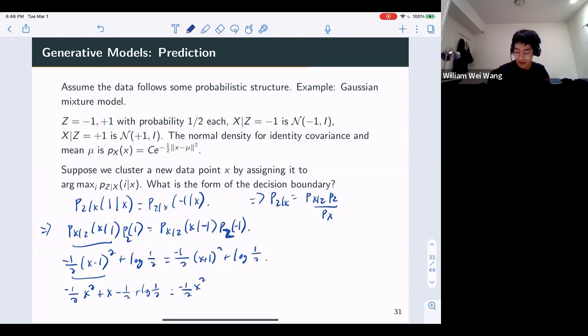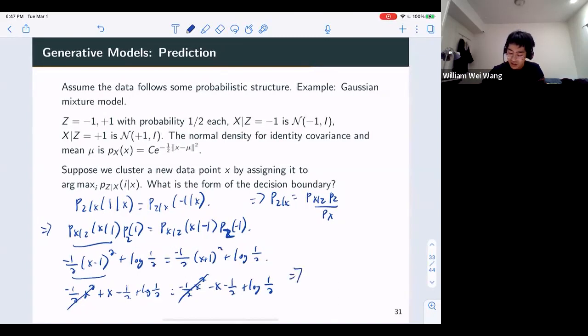So -1/2 x squared minus x, and then minus 1/2, plus log 1/2. You can see here that this term actually cancels out. And then the only dependence on x is a linear dependence on x. So that implies that the decision boundary is linear.